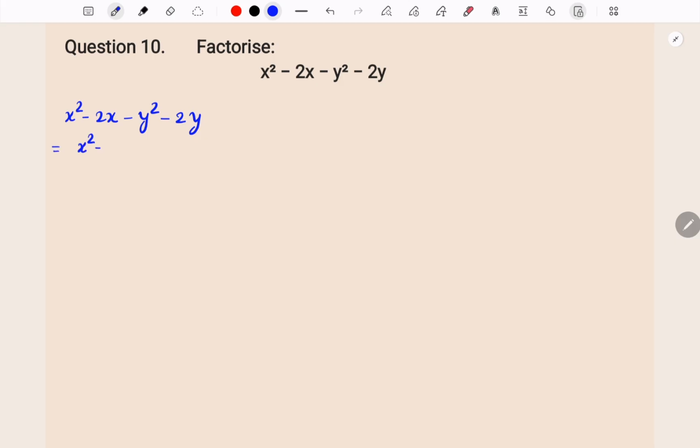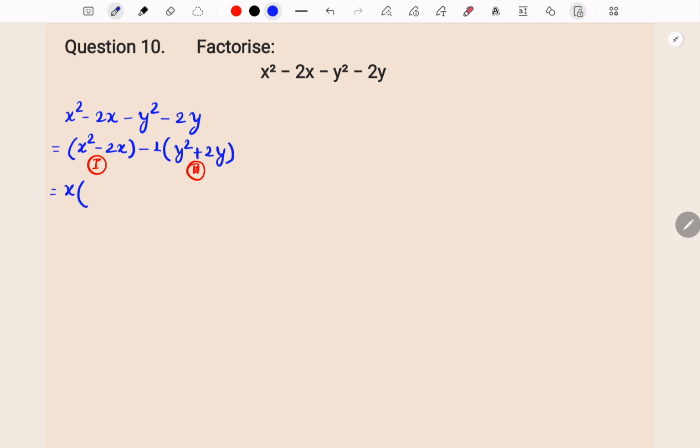Now this x squared minus 2x can be treated as our first expression, and if I take a negative 1 as the common factor, I will have y squared plus 2y. I can treat this one as the first expression and this one as the second expression. Clearly for the first expression I can factor out x.